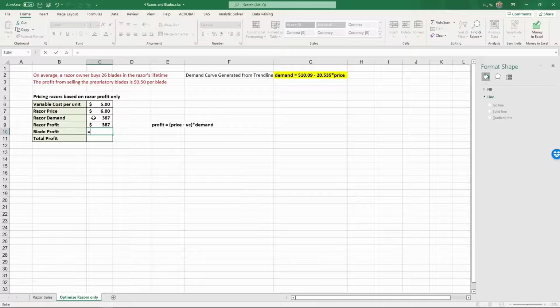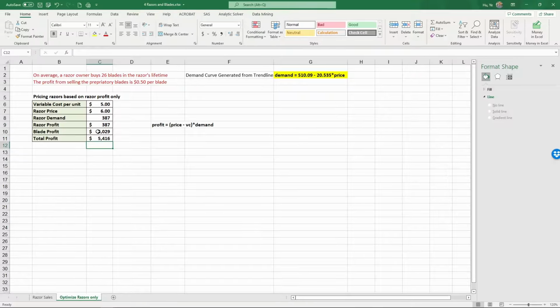So the demand of the razor here times 24 would be the demand of the blades. And since each blade has a profit margin of 50 cents, and multiply together, that gives us the profit from the blades. And the total profit is equal to the razor profit plus the blade profit, and enter.